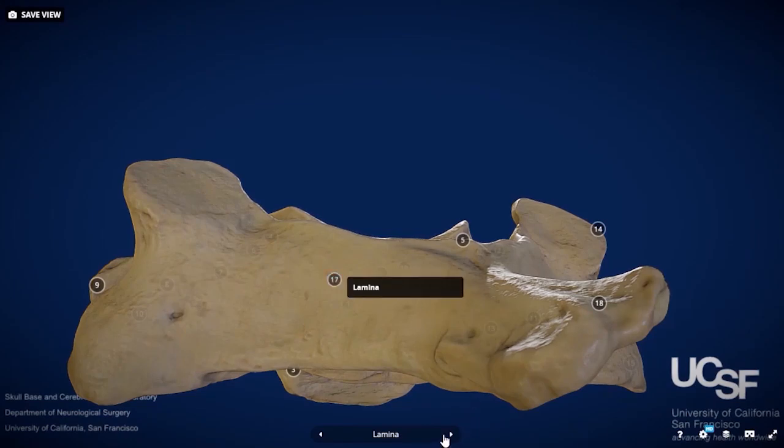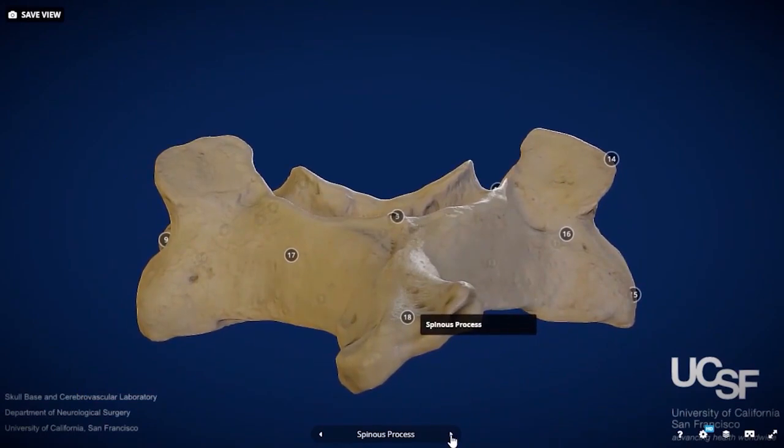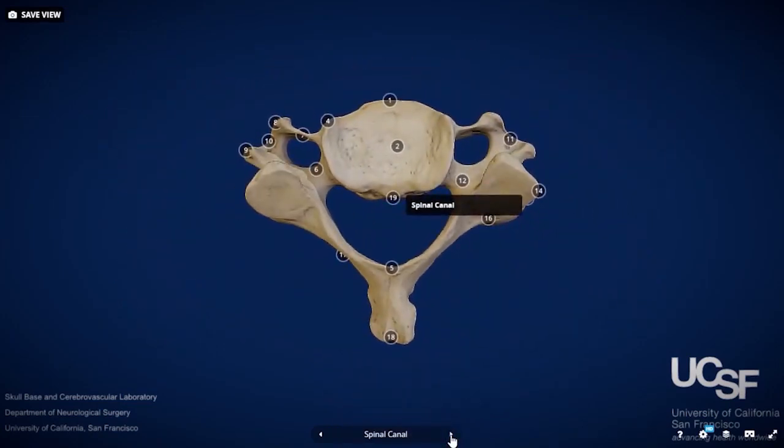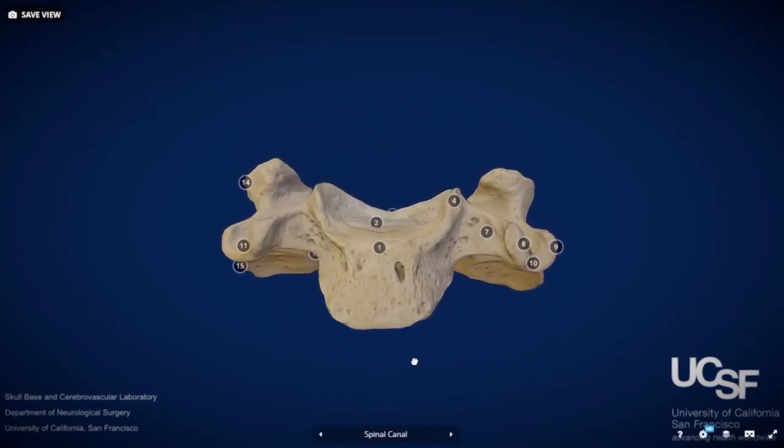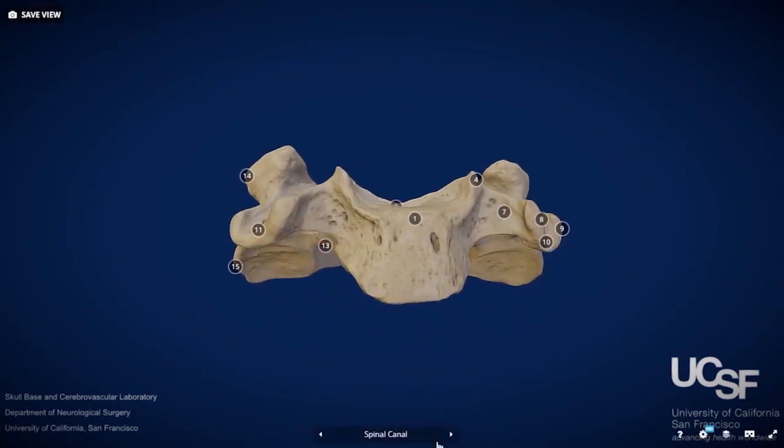Both laminae are going to be connected by a spinous process. From a superior view, we can identify the spinal canal or vertebral foramen, which has a triangular shape. And that's the anatomy of a typical cervical vertebra.